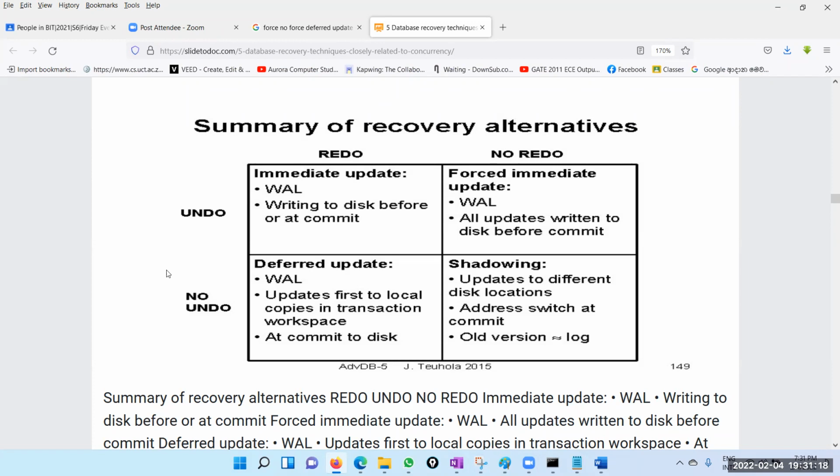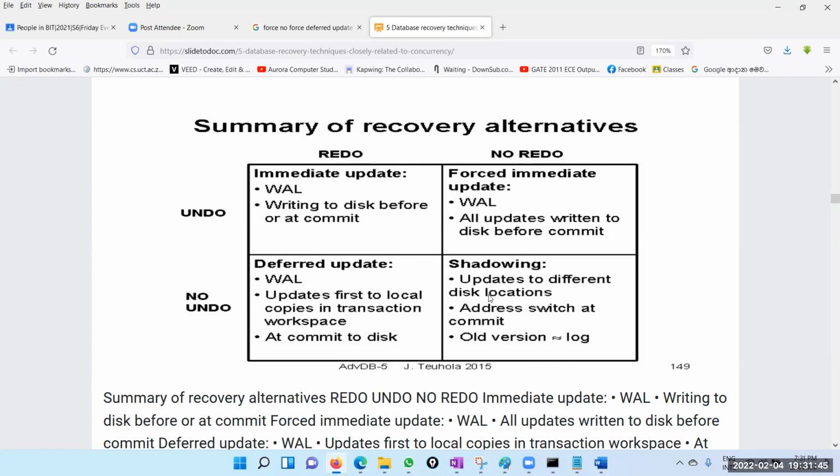What I should have mentioned is this diagram. If undo is not needed and redo is needed, we say deferred update. If both undo and redo are needed, we say immediate update. If undo is needed but no redo is needed, we say force immediate update. If no redo and no undo is needed, we say shadowing.